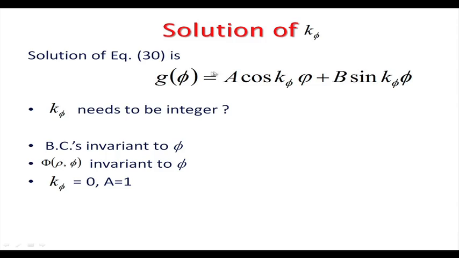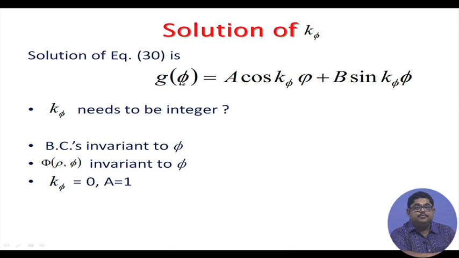Any value of phi if I take, if I add 2 pi to that, it will be of the same value. So, we demand that g phi also should be periodic in phi with a period 2 pi. That is possible if this constant k phi becomes an integer, because then cos of some integer into the angle, if I change that angle by 2 pi, that will be multiplied by k phi, so 2 pi n, where n is an integer.